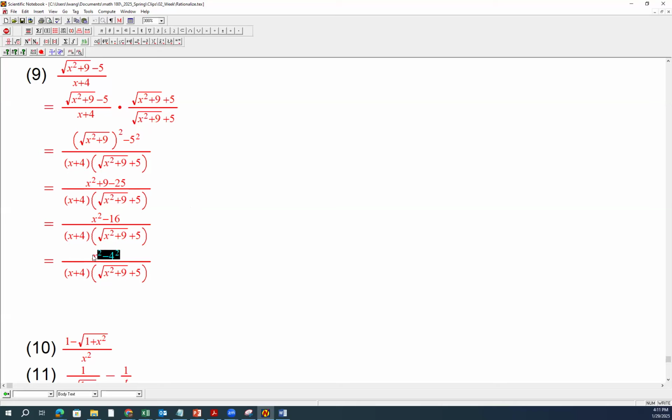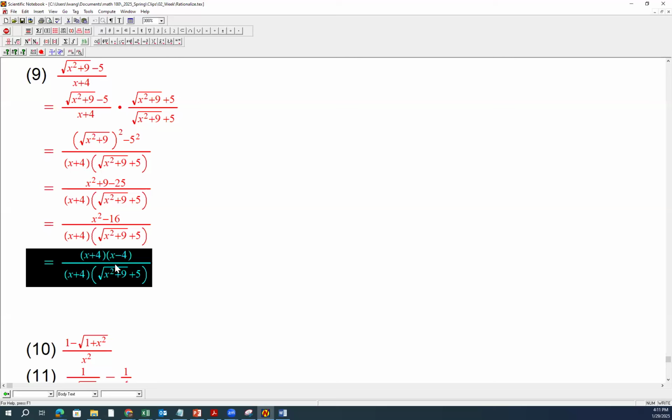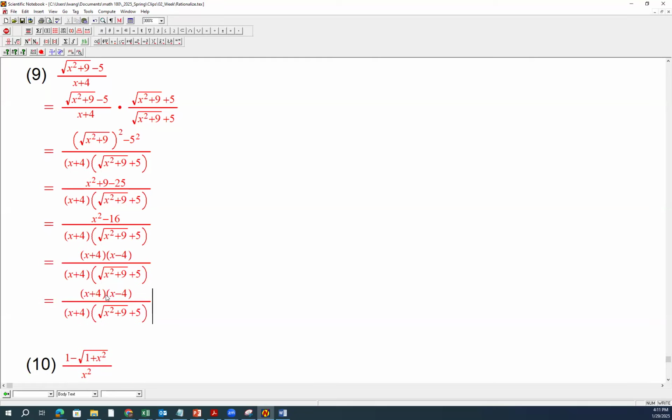Right, so that can be factored into x plus 4 times x minus 4. Okay, so factor. And last step, we reduce the x plus 4 from the top and bottom, and the question is done for now. It's finished.